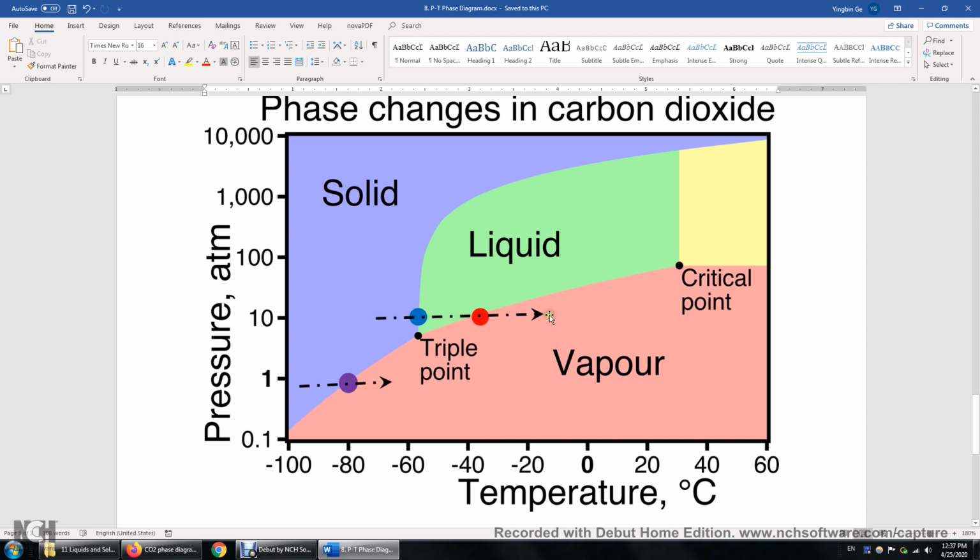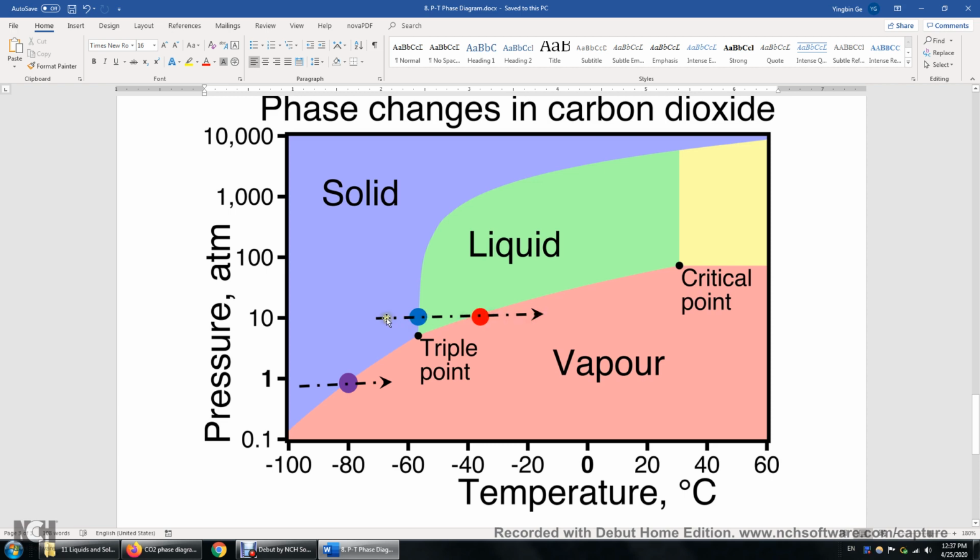So let's look at this transition of CO2 from here, very low temperature, under 10 atm pressure, negative 70 degrees Celsius. CO2 exists in the solid phase. And then we gradually increase its temperature. Now at this point, dry ice starts to melt into liquid. And then we keep heating up the liquid CO2. At this point, roughly negative 35 degrees Celsius, liquid CO2 starts to vaporize into gas.